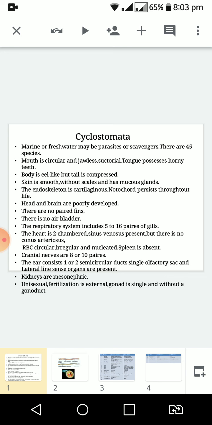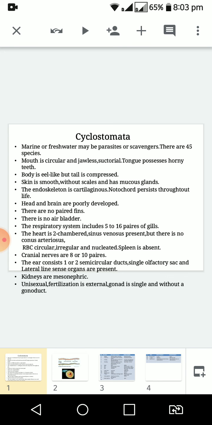These animals are unisexual, and fertilization is external. The gonad is single and without a gonaduct. These are the important characteristic features of Cyclostomata.